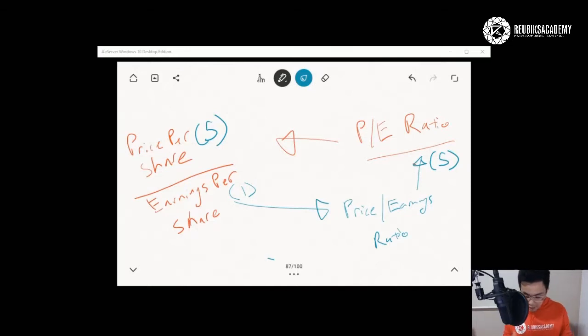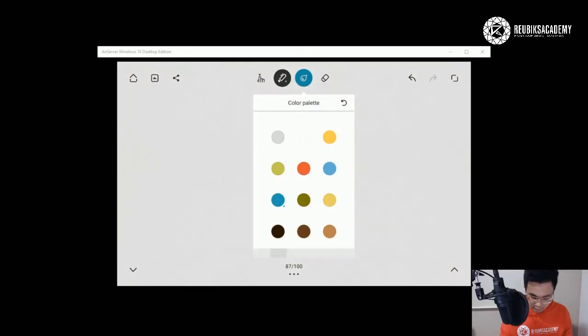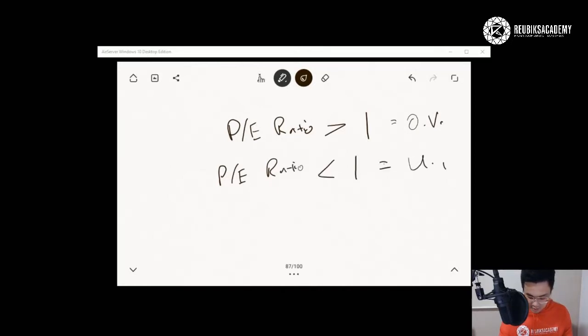Now, when the PE ratio is more than 1, it means that the company is overvalued. If the PE ratio is below 1, it means that the company is undervalued. This is basically what it means. Very simple, very straightforward.